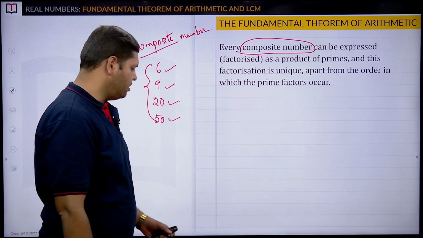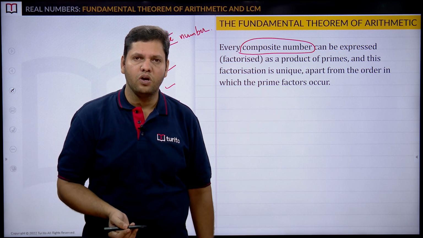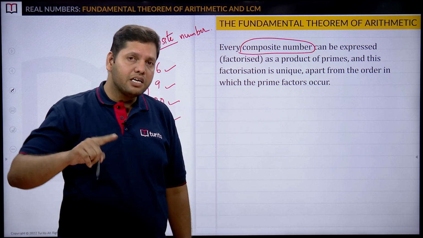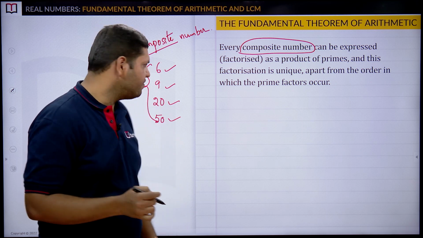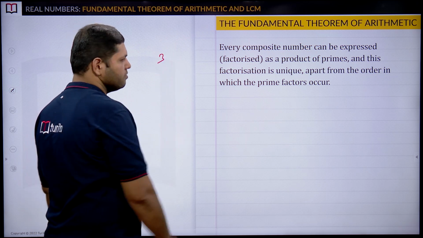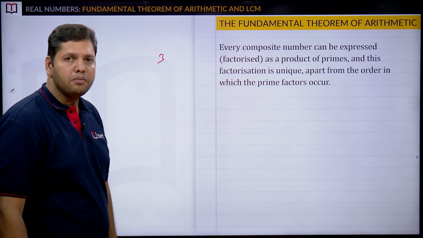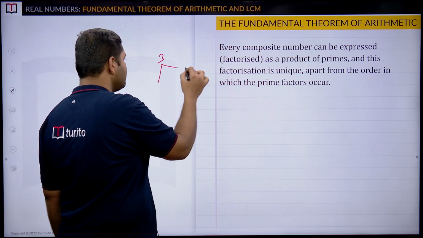Fine. Children, can you tell me what a prime number is then? A prime number means it has exactly two factors: one and itself. You can take one example, children. You can take 3. Can I say 3 is a prime number? Yes, 3 is a prime number because 3 has exactly two factors.